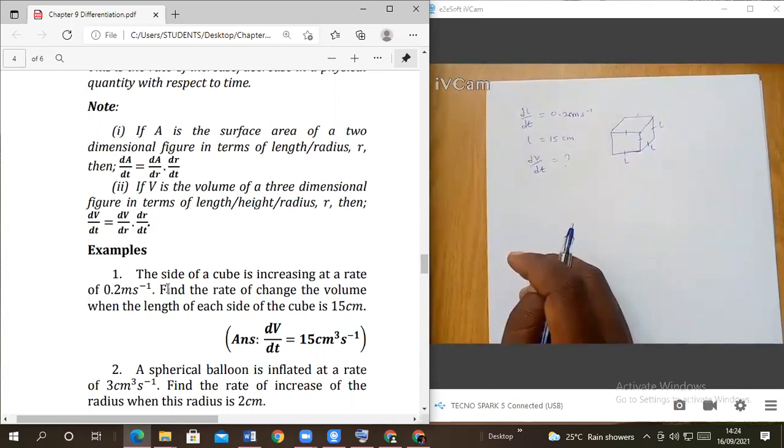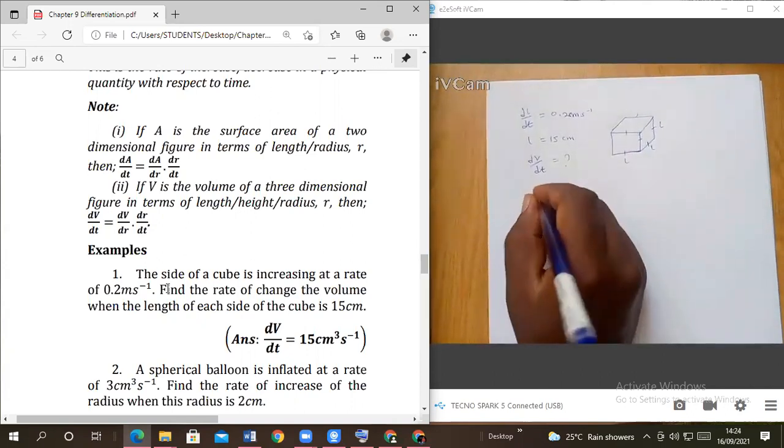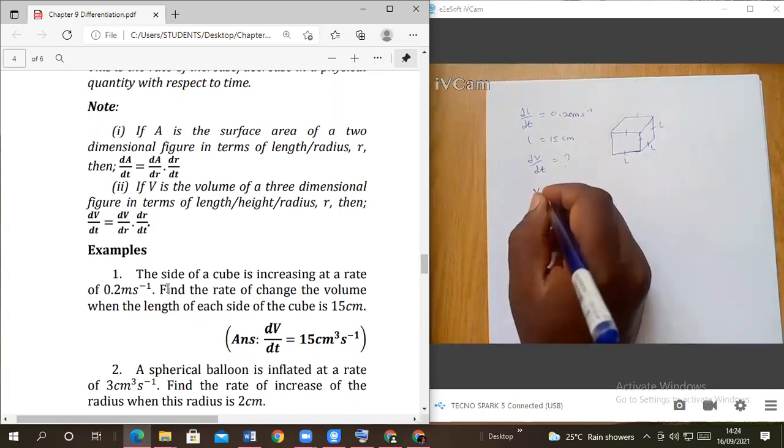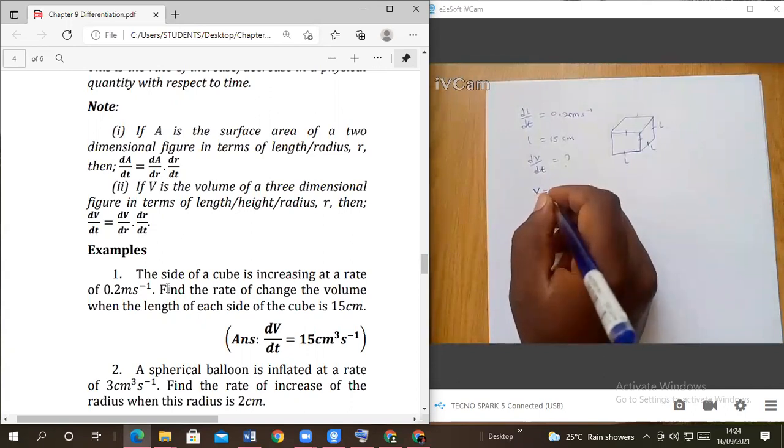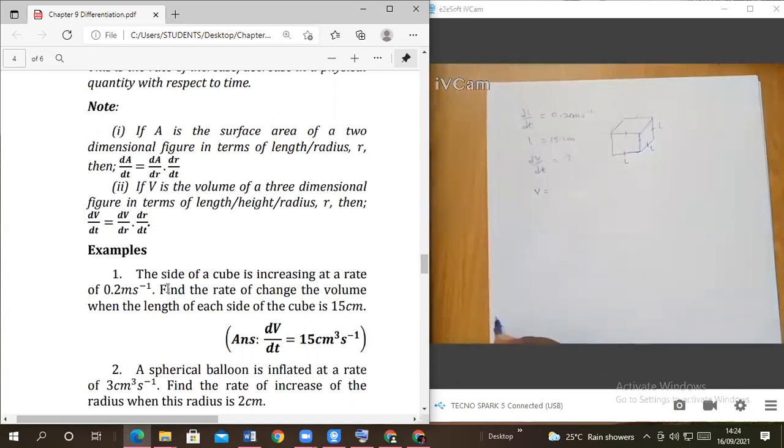Now, who can give us the formula for volume? What's the formula for finding the volume of a cube?